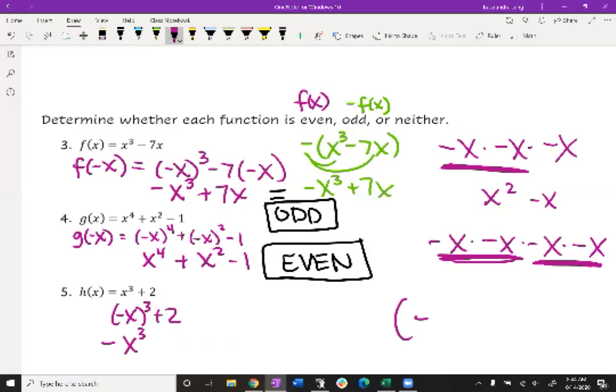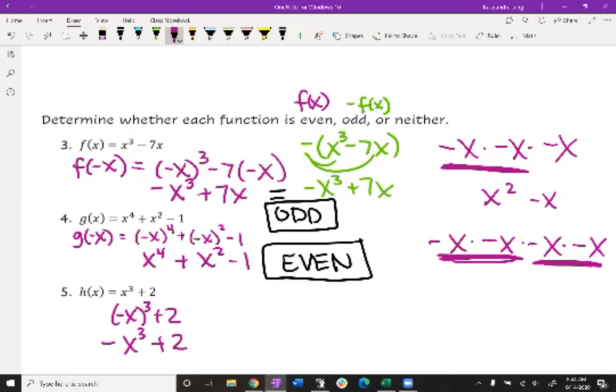If I had negative x to the 9th, 9 is an odd number, so that would be like a negative in front of my x to the 9th without the parentheses anymore. So this happens with all of my odd exponents. This negative x cubed turned into a negative x cubed, but one where the entire negative x was being cubed versus now just the x is cubed and tack on a negative. Plus 2 here, that does not change.